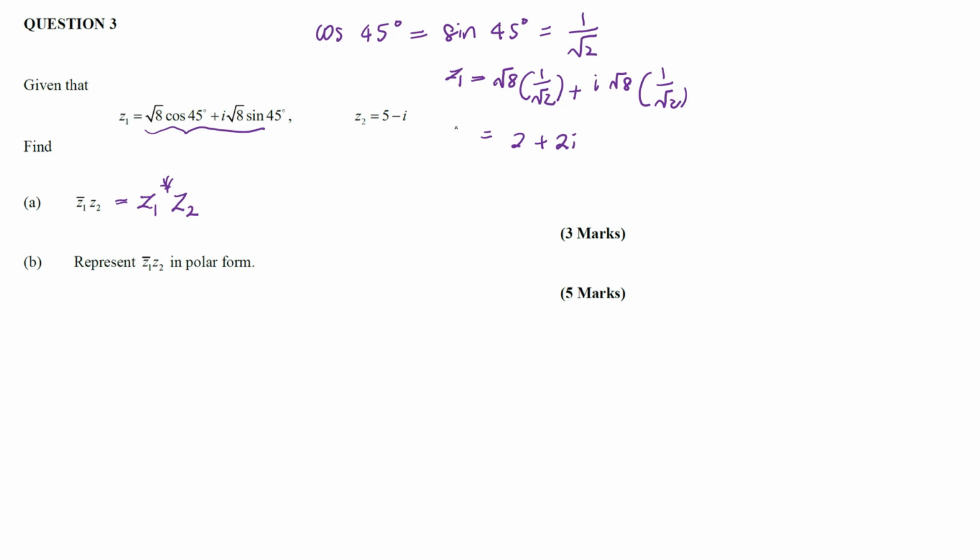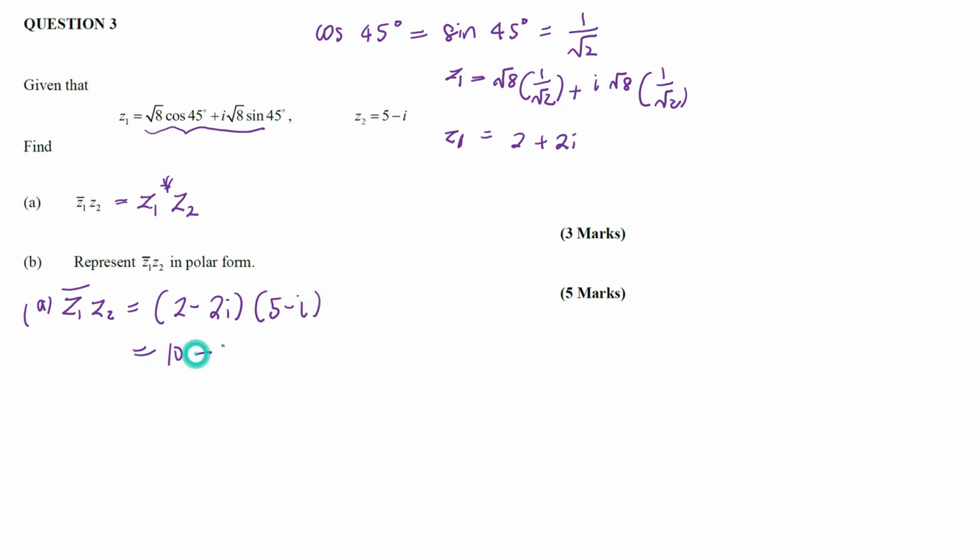So z1 is 2 plus 2i. z2 is 5 minus i. So let's do A. So z1 conjugate times with z2 equal to conjugate of z1, which is 2 minus 2i, times with 5 minus i.